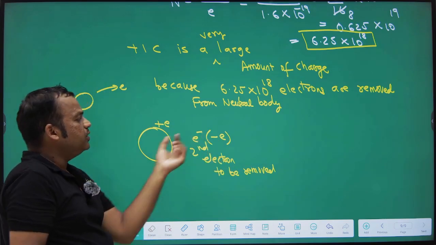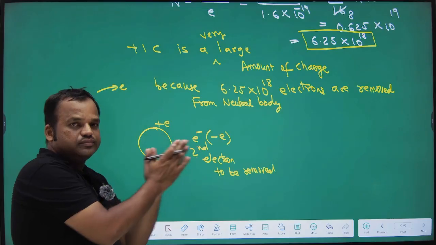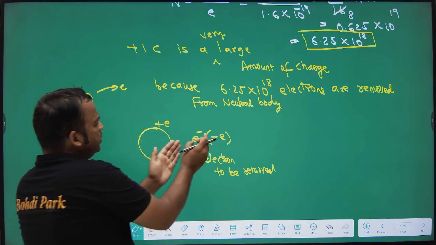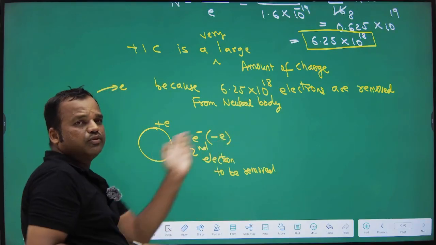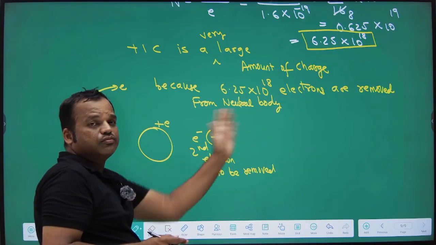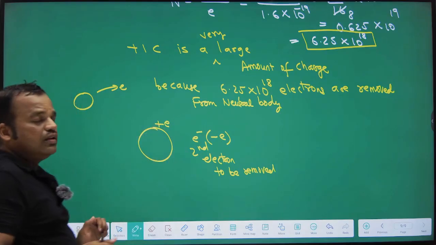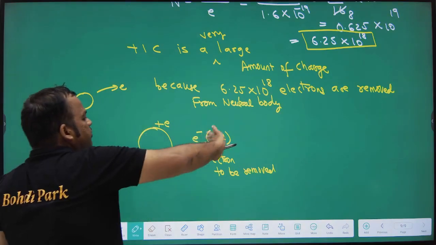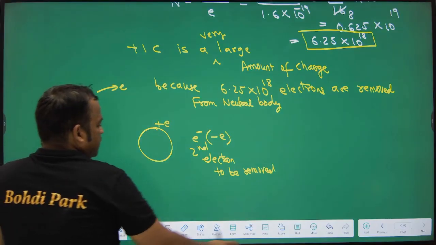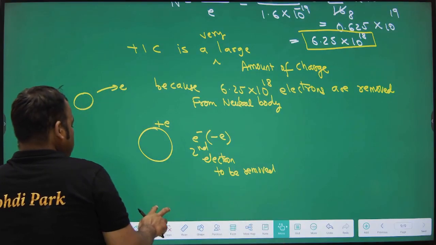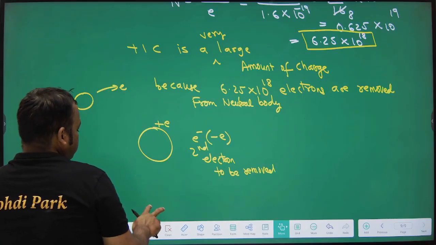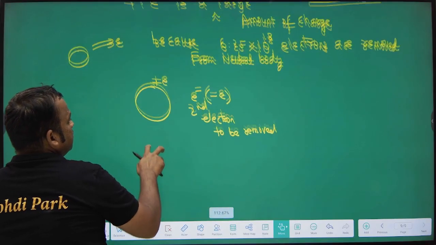You have to do work. You have to exert force to remove it. Forcibly it has to be removed, because this plus E is attracting it. Somehow suppose you have removed it. The next electron you have to remove will be more difficult.